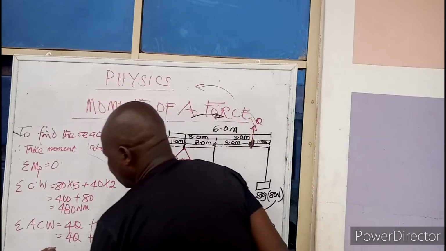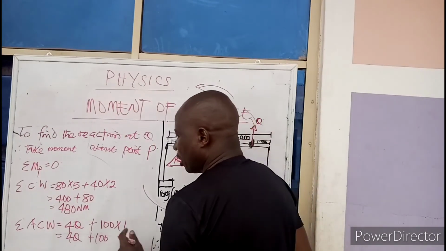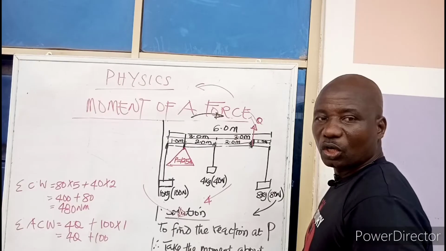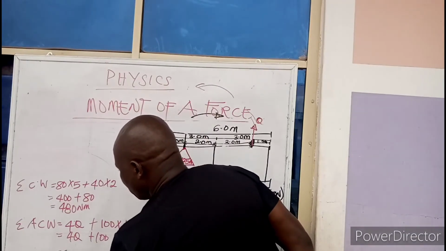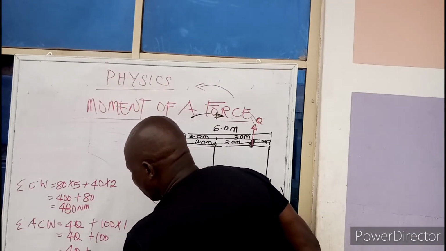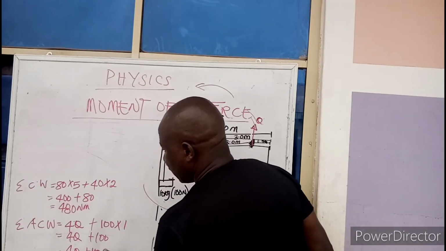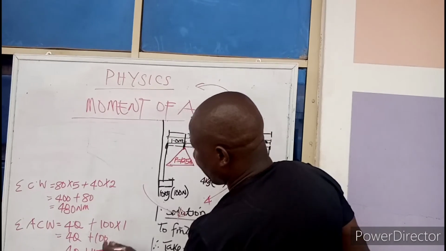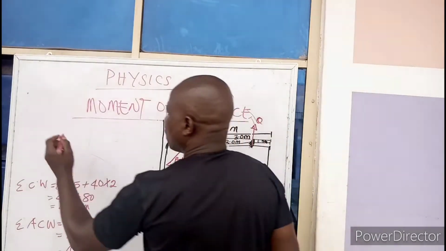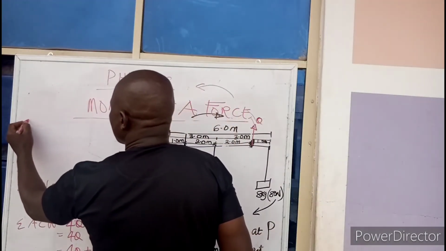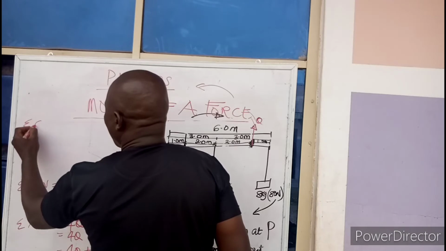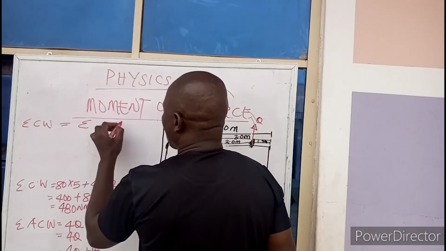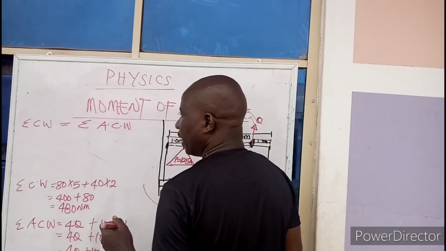And let's go, class. From the principle of moment, summation of clockwise must be equal to anti-clockwise. So this one is now going to be 4Q plus 100. That is our anti-clockwise. Now from the principle of moment, summation of clockwise moment must be equal to summation of anti-clockwise moment if that body is in equilibrium.